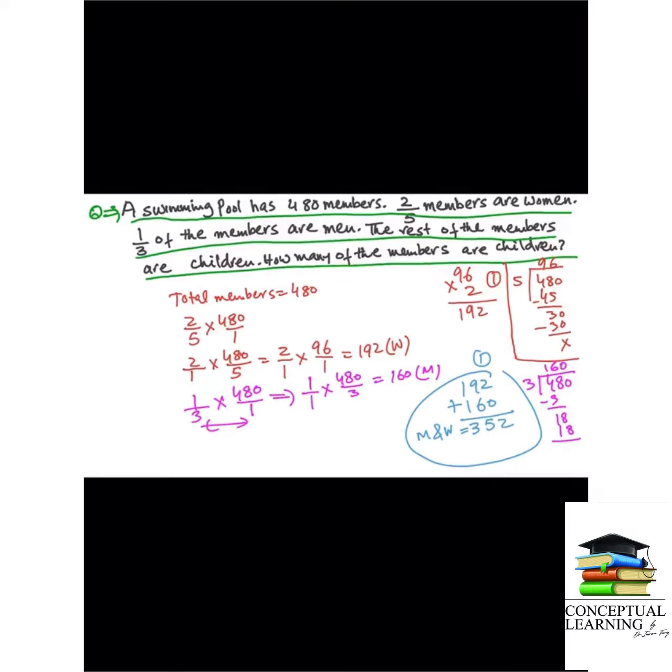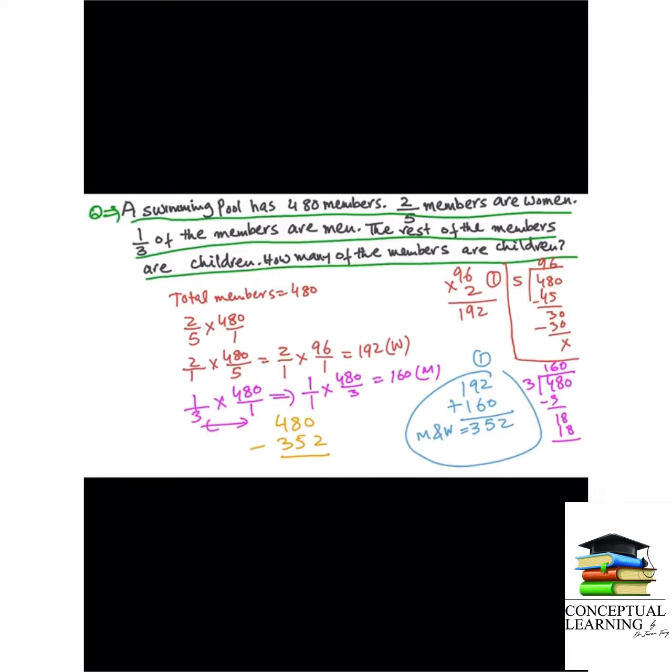Now, the next bit is how many children we have. So we go to find how many children we have. We use slightly different colors to differentiate. So the total is 480, take away men and women together, which is 352.